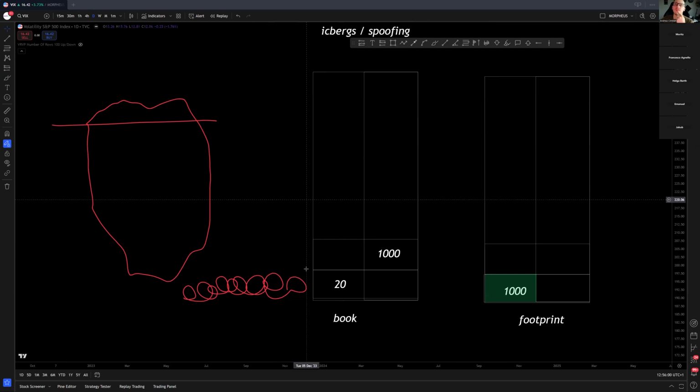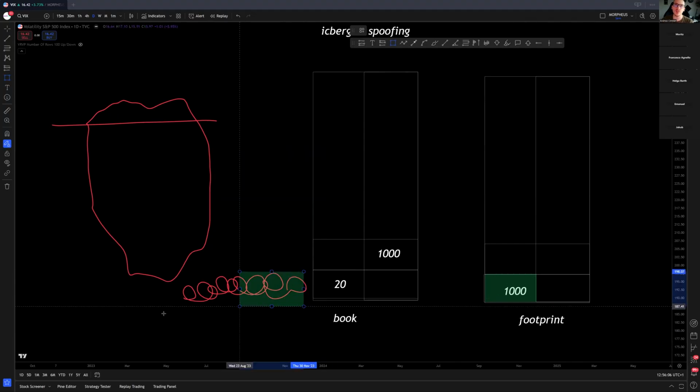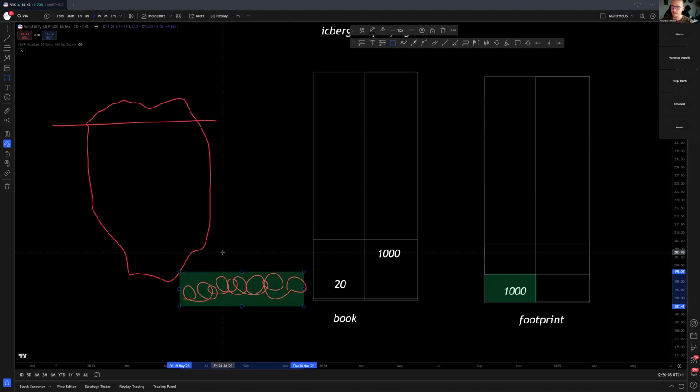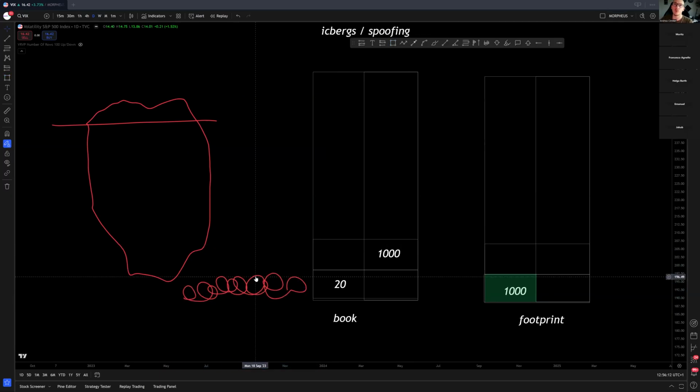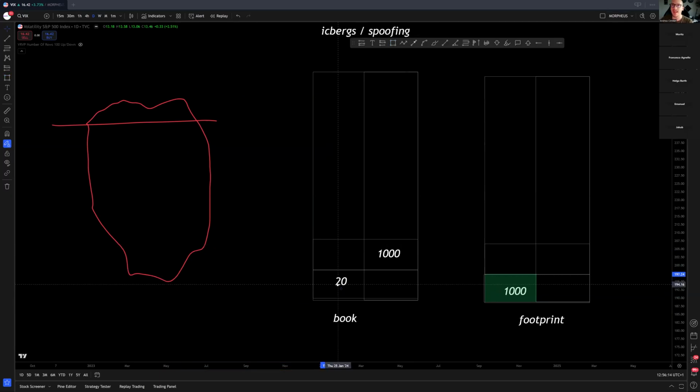So that's what happens. An iceberg order is an order which is trying to be hidden. It's basically an algorithm that refills the book as soon as these contracts are being executed by the market.